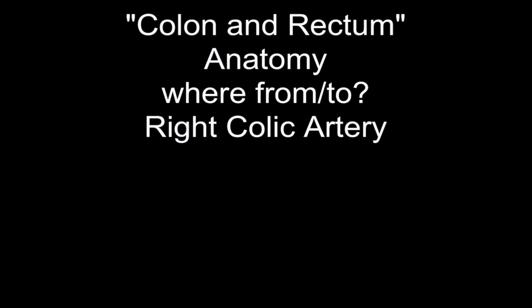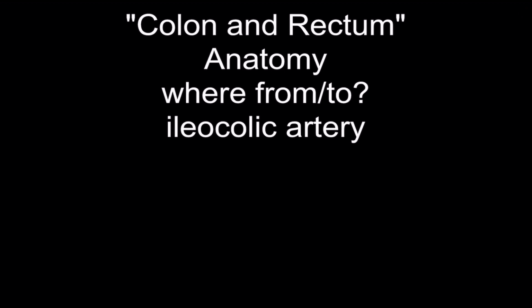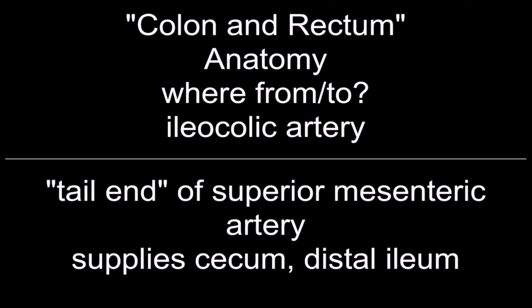Right colic artery, where is it coming from and what is it supplying? From the superior mesenteric artery and supplies the right colon. Ileocolic artery, where is it coming from and what is it supplying? The tail end of the superior mesenteric artery is where it comes from and it supplies the cecum and distal ileum.